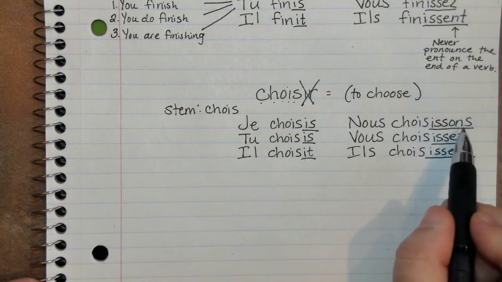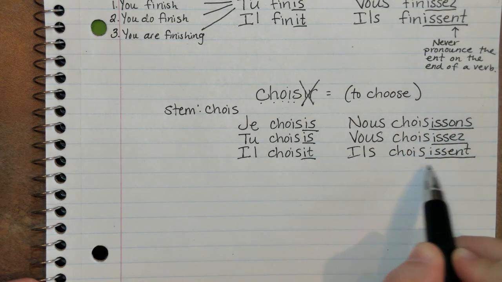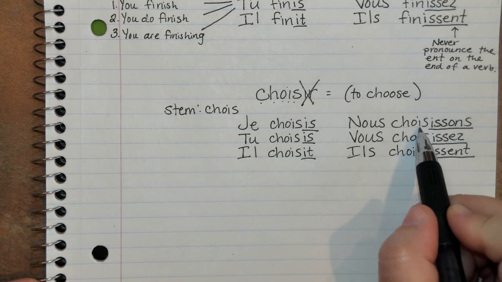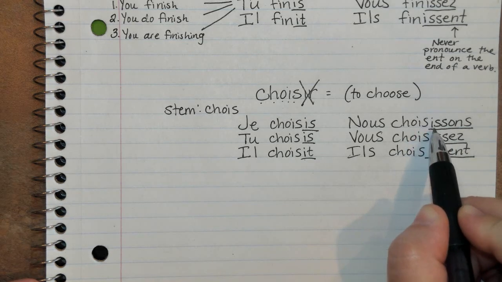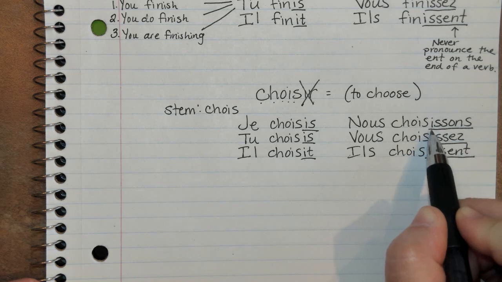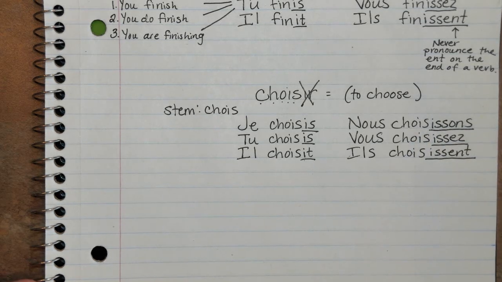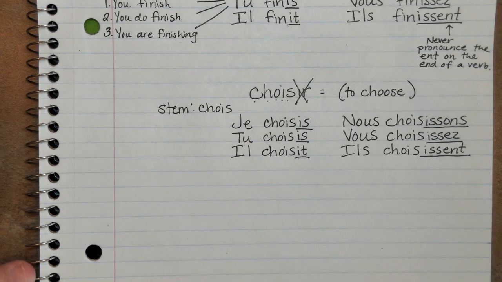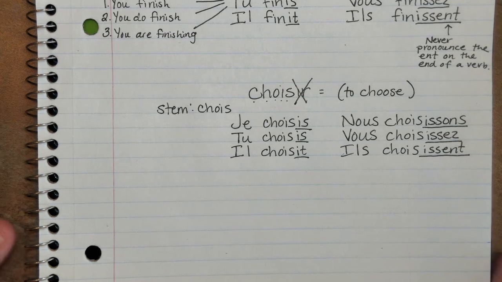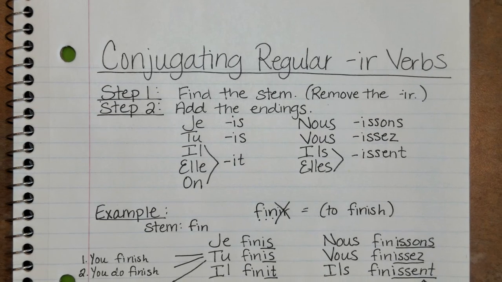So choisissons, choisissez, choisissent. And again, we've got the IS on the end of the stem, and then ISS on the ending. So a lot of times people see this and they think it looks funny and they think they're doing something wrong. But again, if you're following the steps, don't second guess yourself. This is correct. Okay, and that is how you conjugate a regular IR verb in French.